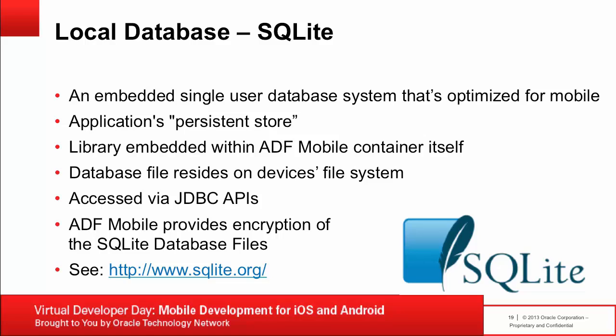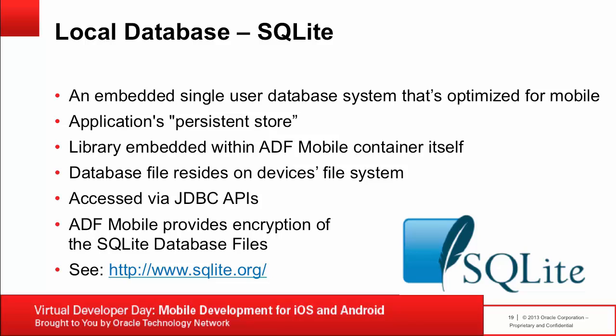SQLite database acts as the ADF Mobile application's persistent store, as it will cache data on the device regardless of whether the application is running or not. Data cached in Java objects are destroyed when the application stops, but data in the local database will persist across application starts, and in some cases, even application updates.